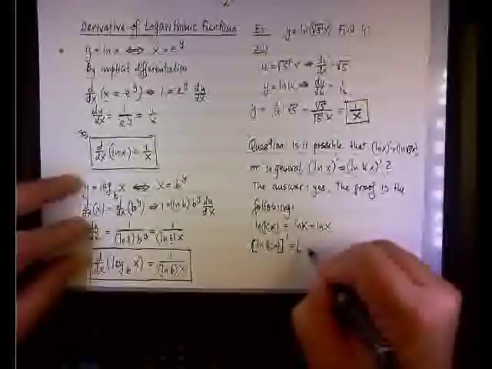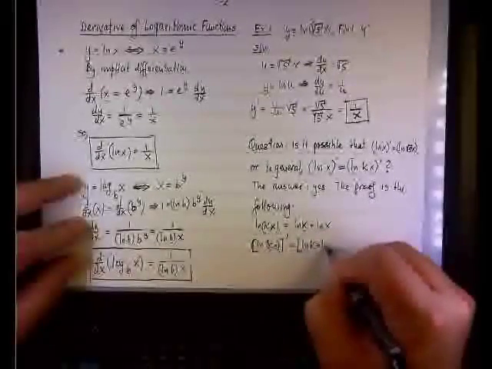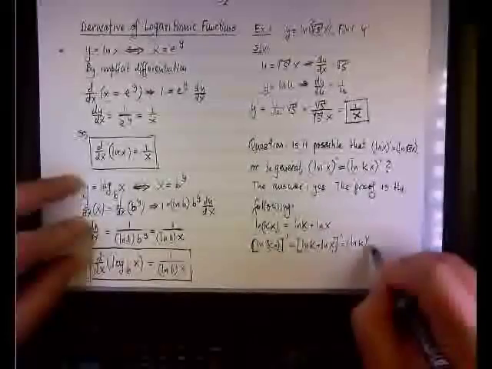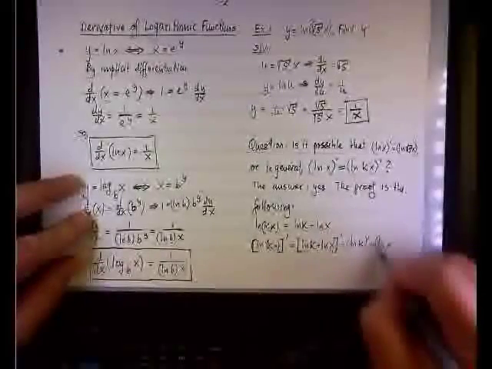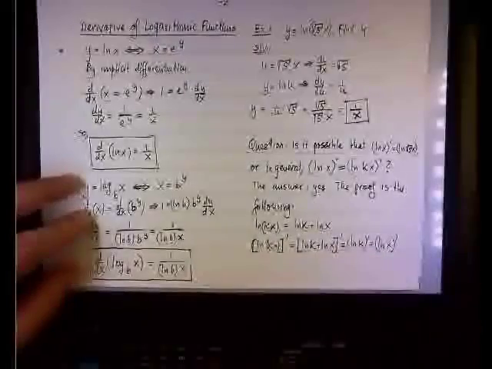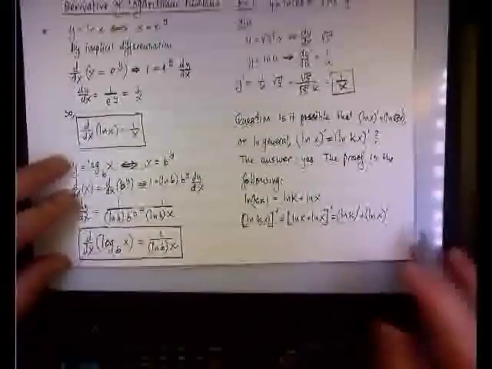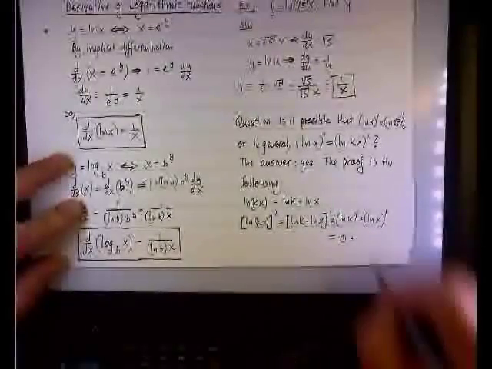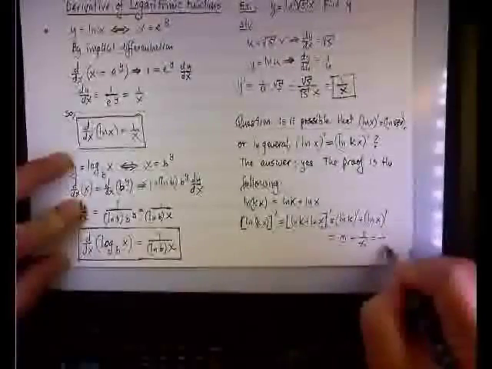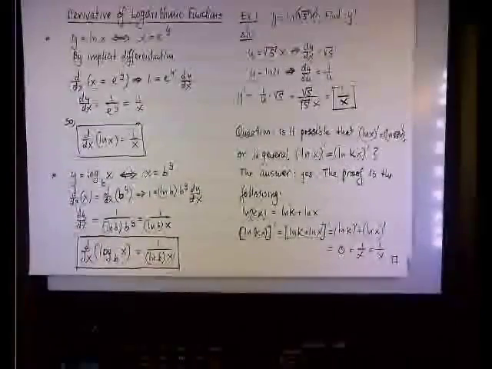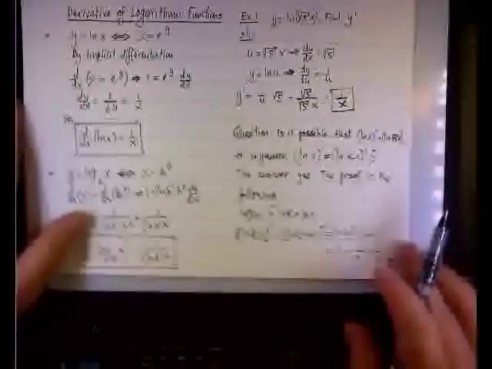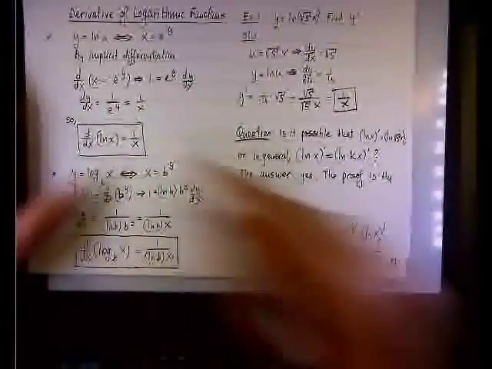Then take the derivative of the natural log of k plus the natural log of x, right? It will be the derivative of natural log of k plus the derivative of the natural log of x. But natural log of k is a constant, a fixed number, and the derivative of a constant is 0. So you end up with 0, and the derivative of natural log of x is 1 over x. So here's the proof that it is the same. So we have another rule to add to the previous two rules, and we'll do it on the next page.